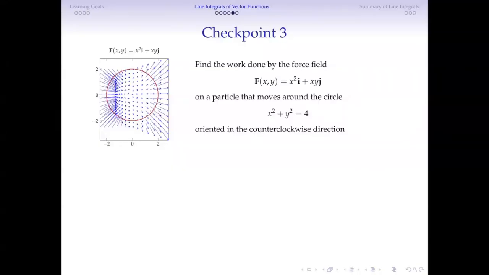Let's compute the line integral from checkpoint 3. First of all, we can parameterize the path. The circle in the counterclockwise direction, it's a circle of radius 2. We can use the cosine and sine parameterization. That means the tangent vector looks like this.